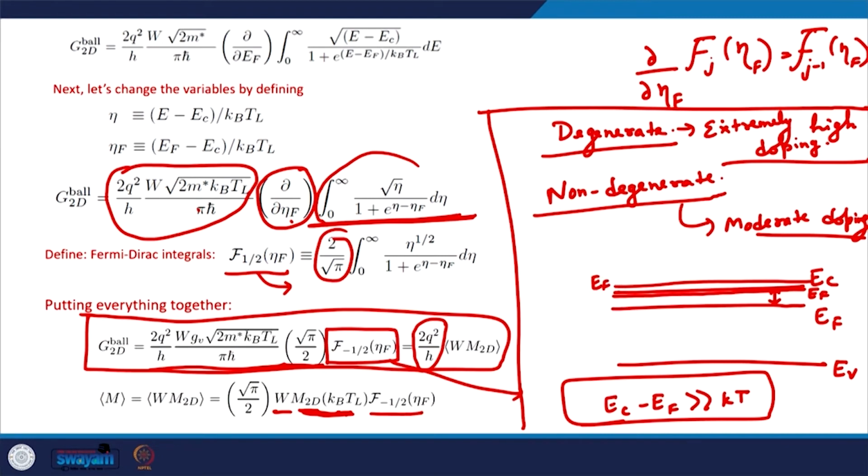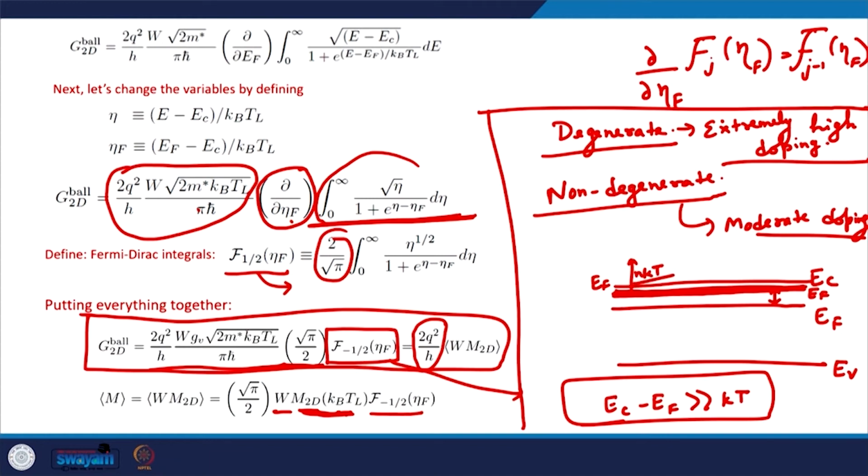In the degenerate semiconductor case, as you can imagine, the conduction band will be more filled, and electrons will occupy many kT energy states.